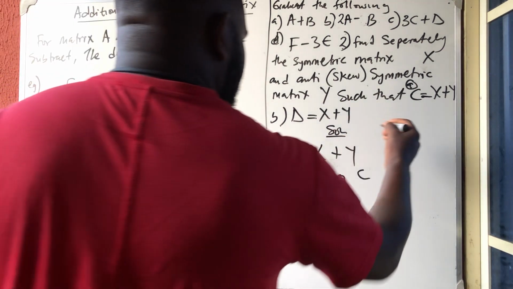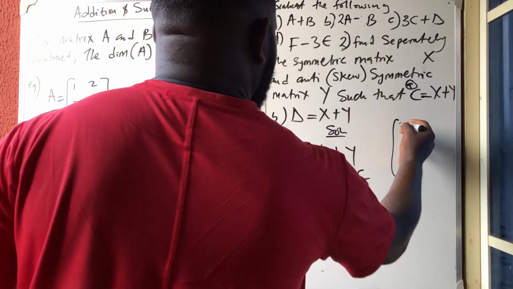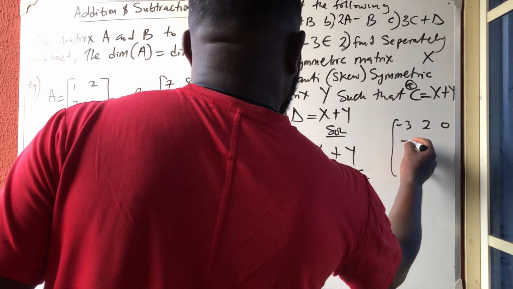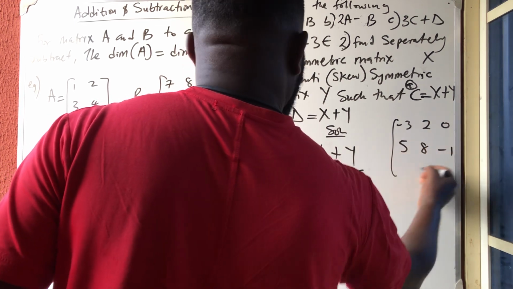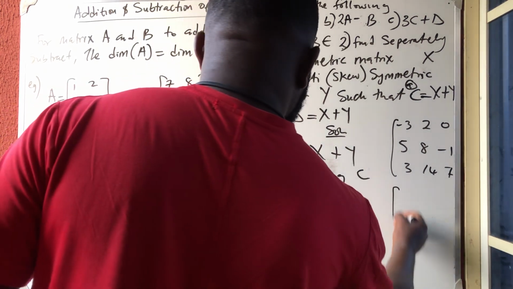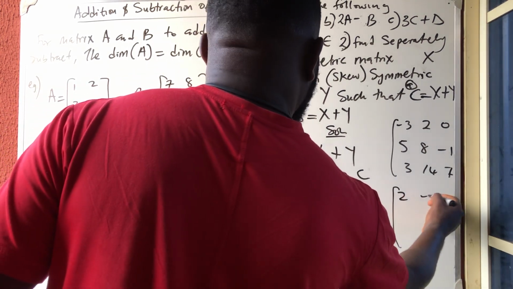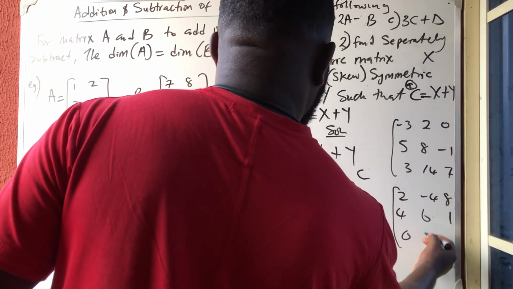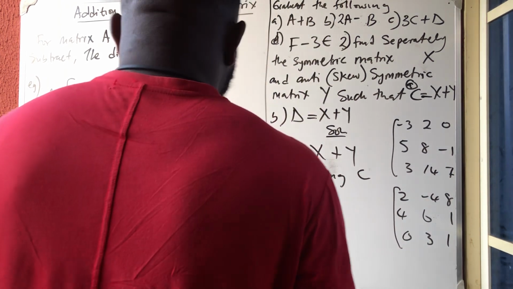Let me write out my C somewhere and then solve it here. This is minus 3, 2, 0, 5, 8, minus 1, 3, 14, and 7. And then let me write D. That's the only thing I'm using: 2, minus 4, 8, 4, 6, 1, 0, 3, 1.